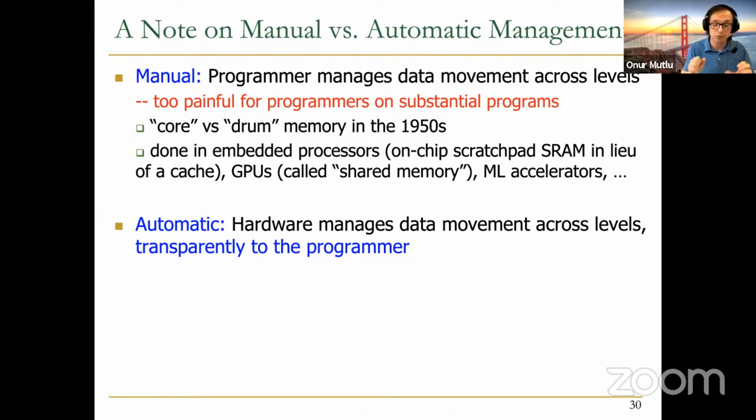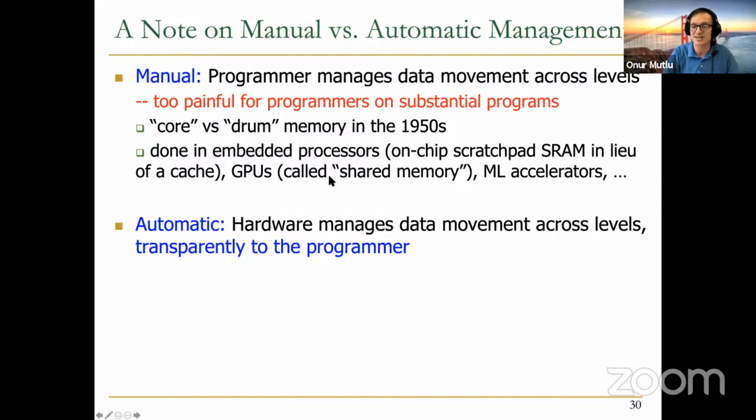Programmers have full control over the memory structure, and they decide what to put into this fast memory structure. It's called a scratchpad in general. Embedded processors have it because in embedded processors, programs are usually simple. Programmers know what they're doing, and they want predictable performance, so they usually avoid the caches. GPUs have scratchpad memories, as we briefly discussed.